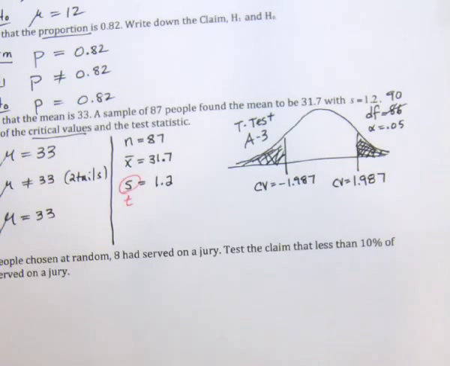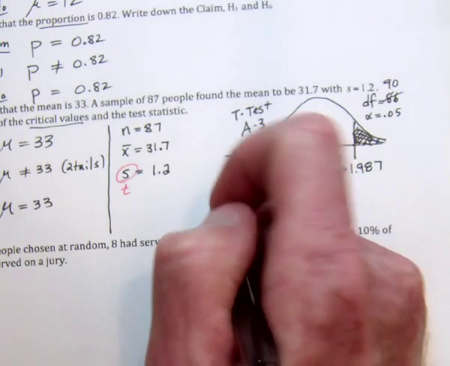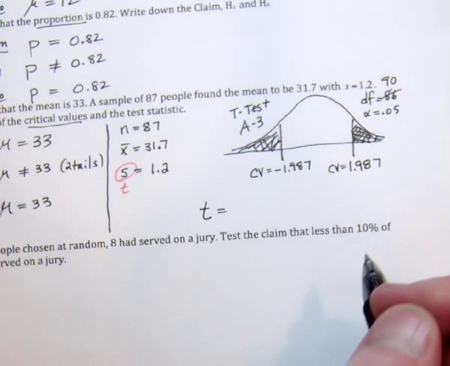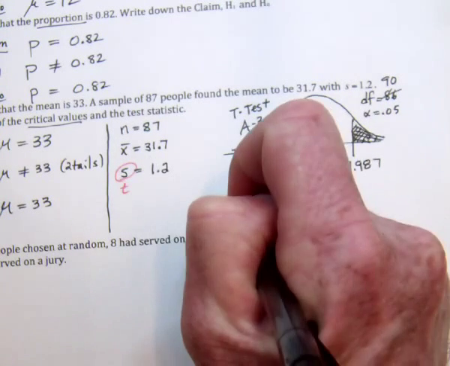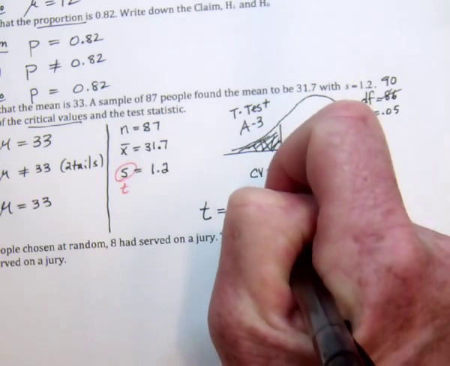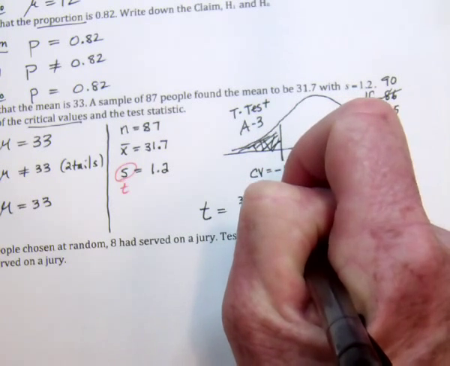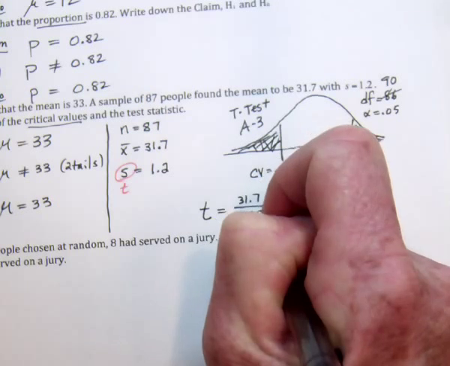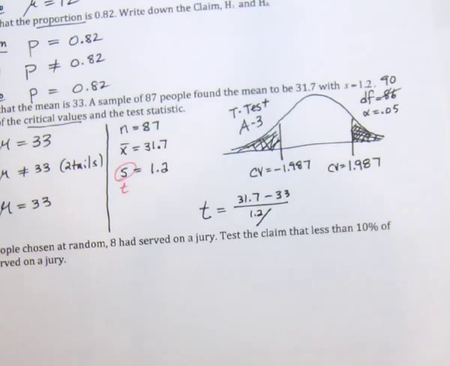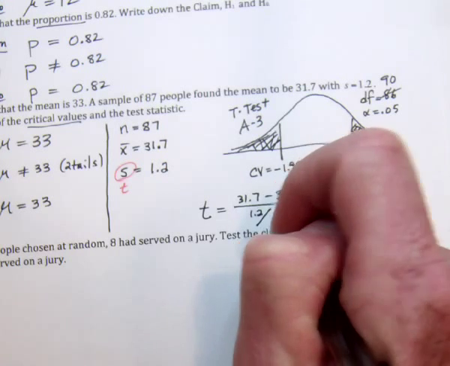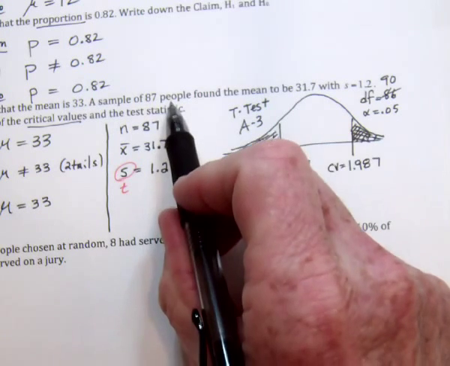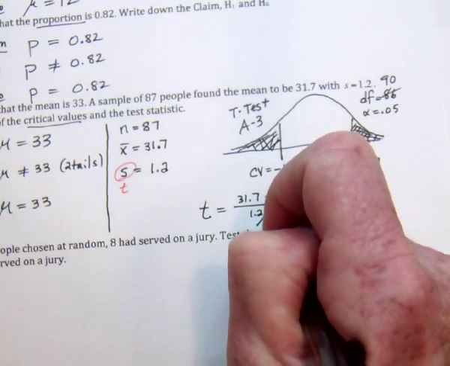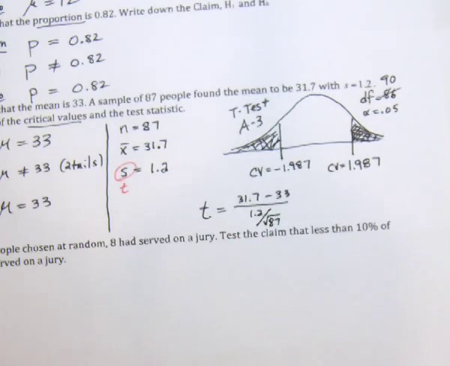And now for the test statistic. Well, the test statistic is t, but the formula is just like the z formula. You take the score, which is 31.7, minus the mean, which is 33, divided by the standard deviation of 1.2, but then that was based on 87 people, or goats, whatever they were. No, it was people. Didn't mean to disrespect the goats, sorry. And then you divide by the square root of 87.